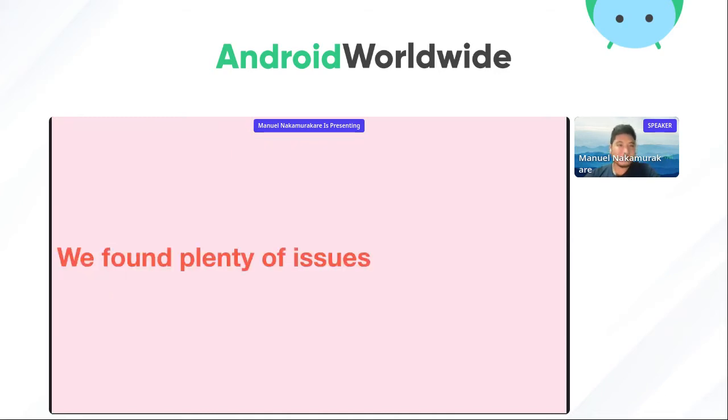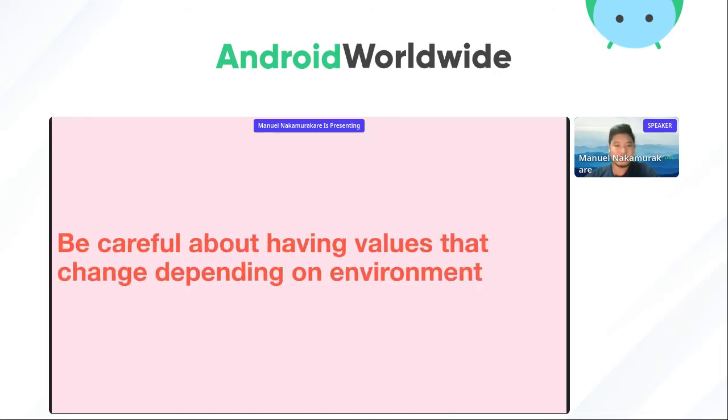So when we started testing the remote cache, we found that we had many issues that were preventing us from fully taking advantage of it. One example is we were using values in the code base that depended on the environment.